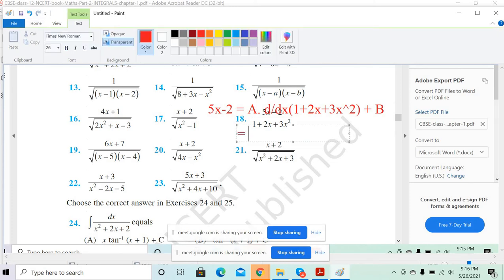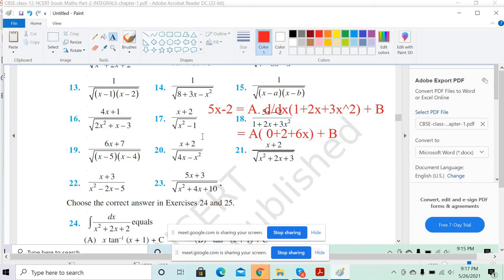So if I just do this, the differentiation of 1 is 0, plus 2x will become 2, plus 3x square will become 6x, isn't it? Yeah. Right?